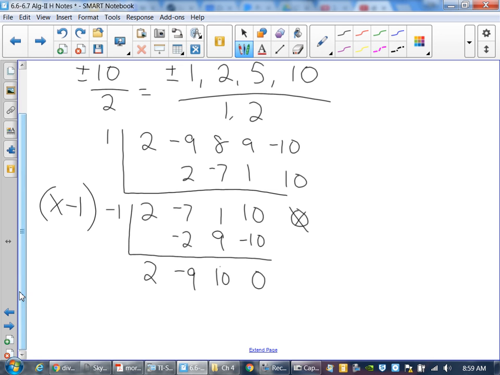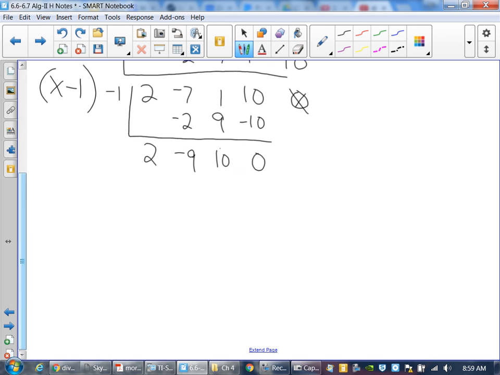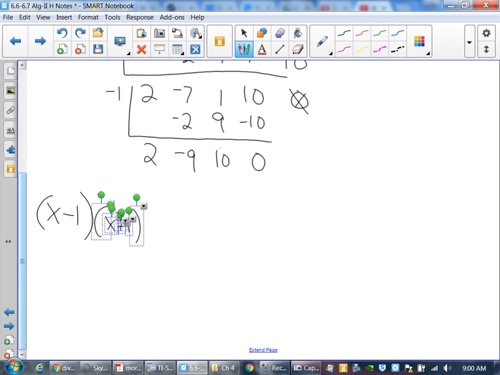So now I'm factoring this thing out. I have an x minus 1. I now have an x plus 1 that's come out. And I'm left with 2x squared, 9x, and a 10. Could I try to factor that if I want? What times what is 20 to add together to get -9? -4, -5.